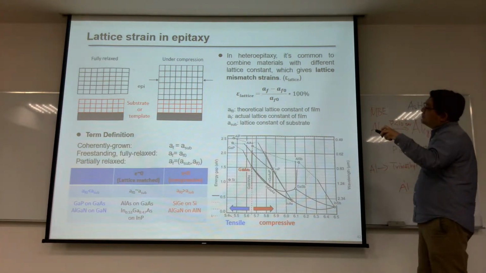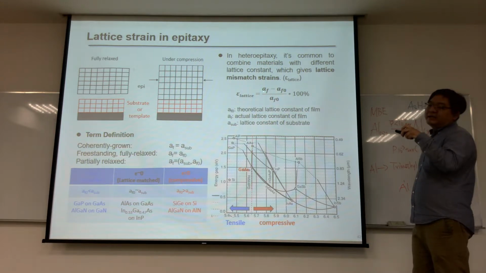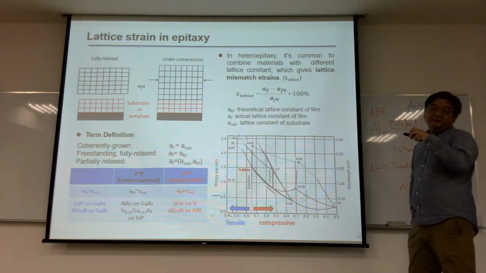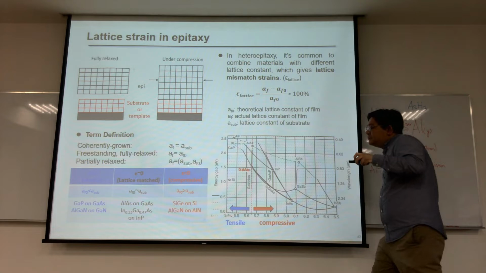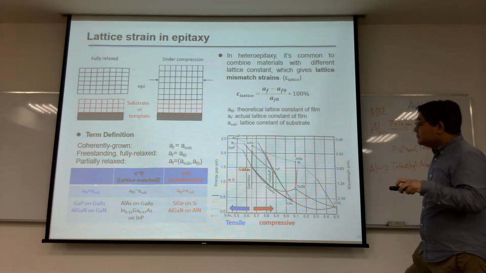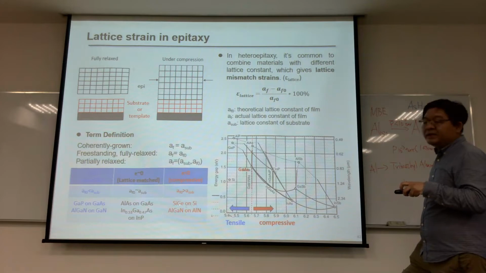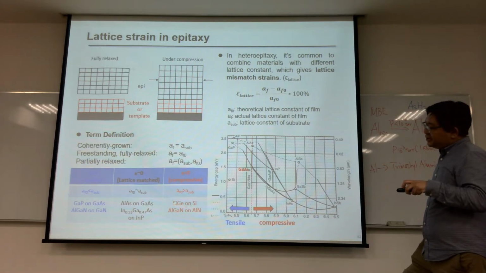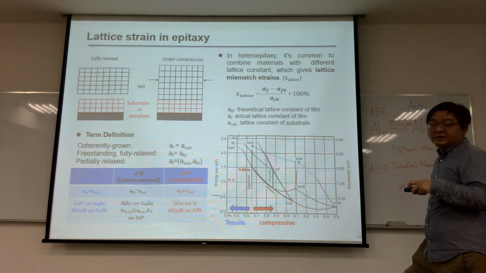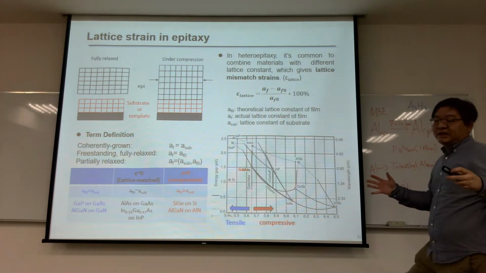Okay, so if the substrate has a lattice constant smaller than your film, for example, it's a good example. Silicon germanium is a mixture of silicon and germanium. But surely germanium is a larger atom, so its lattice constant is larger.